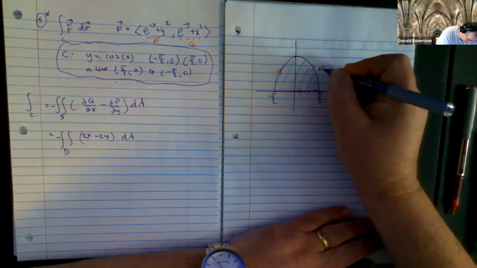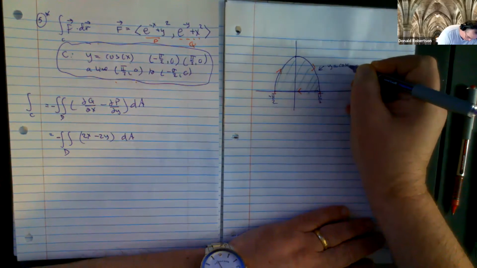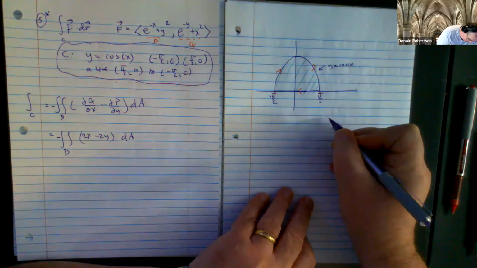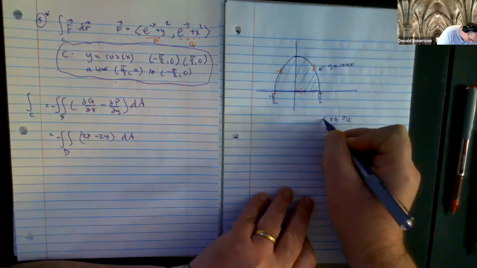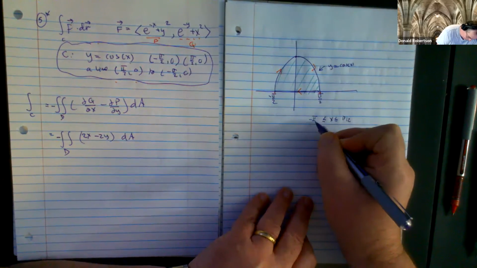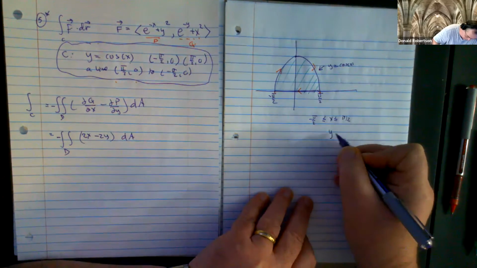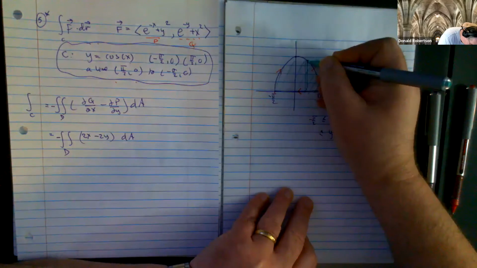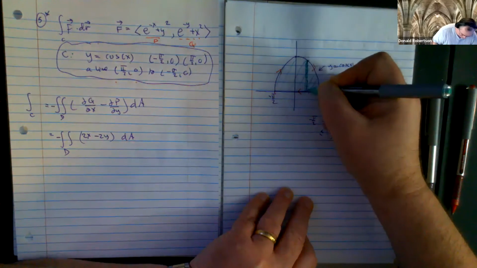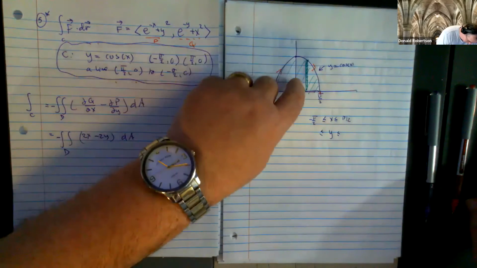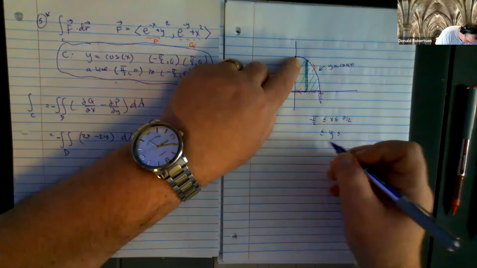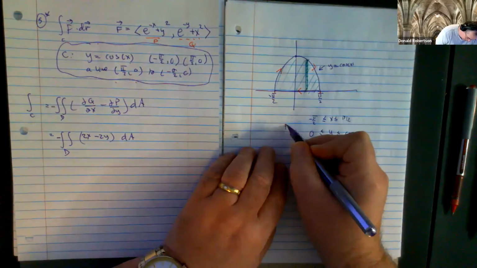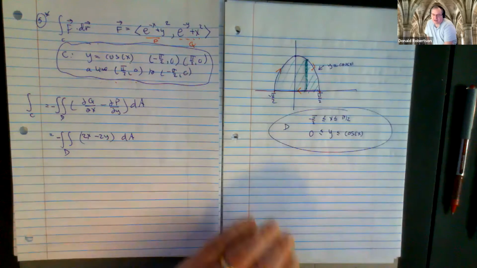It's y equals cosine x. So if I wanted to describe this region, I would say choose an x from pi upon 2 to negative pi upon 2. And y? Well, pick a rectangle, a vertical one. And what that tells me is that on the small side, we go 0, and the top side, we do cosine x. Are you comfortable about the limits of integration for D?